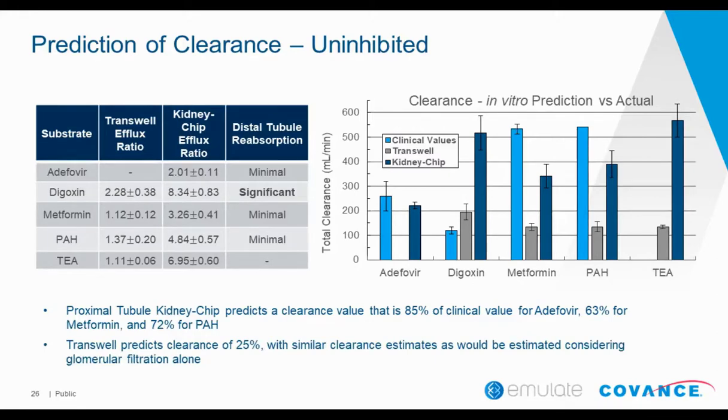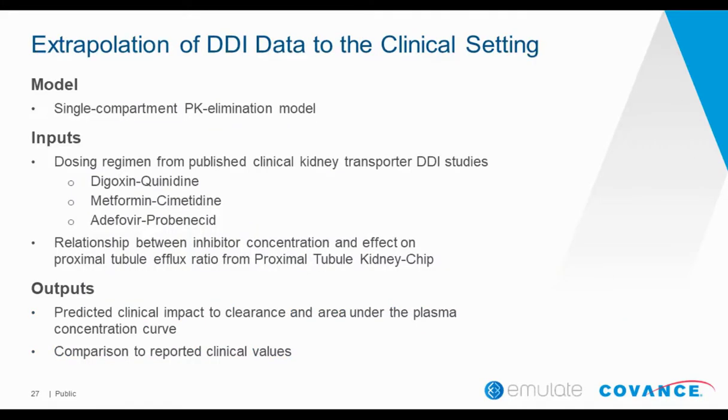That's as compared to the transwell models, which in many instances are under-predicting that clearance and yielding, if you will, differential results as compared to what one would expect in a clinical environment. And hence the gap that we see between the transwell with the current models and the clinical trials that are then required as part of the drug interaction guidance documents.